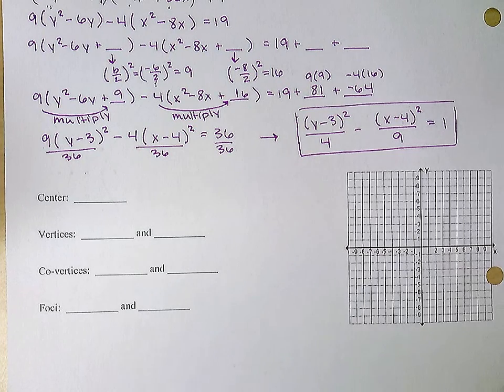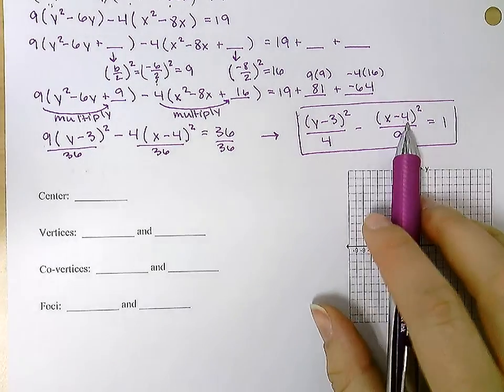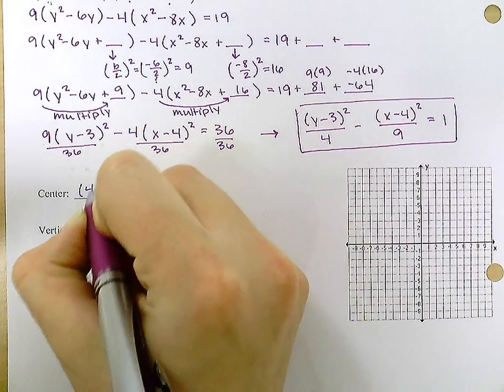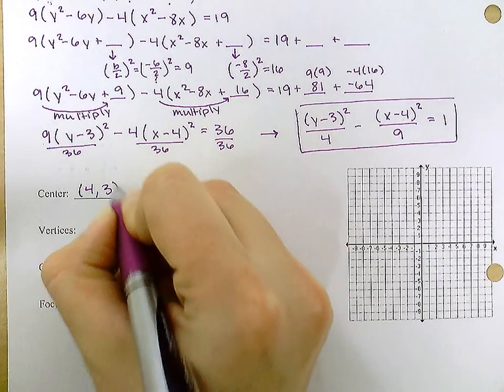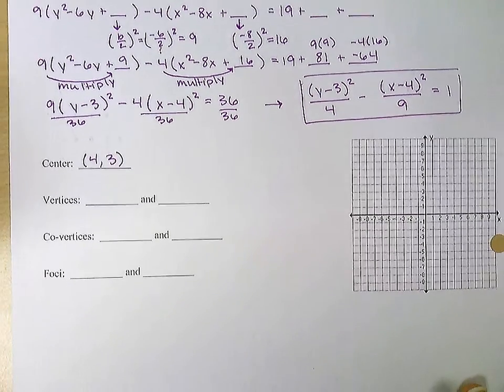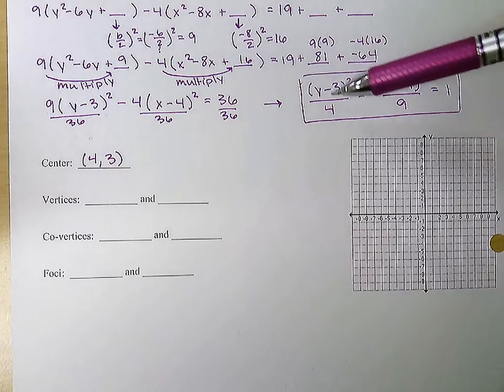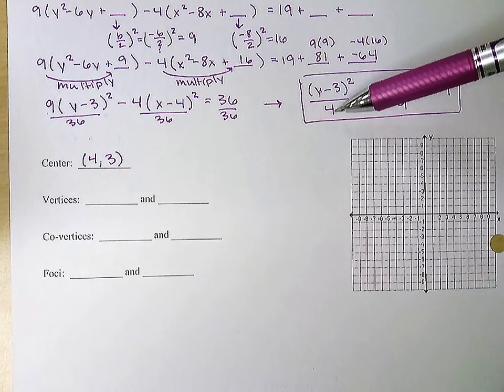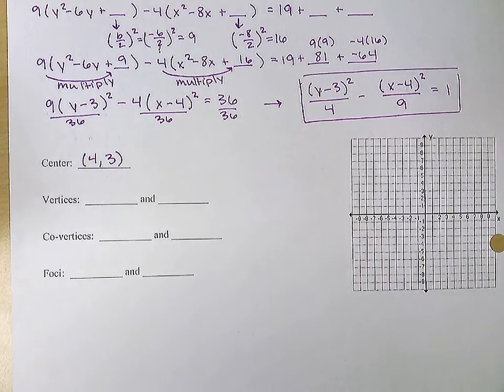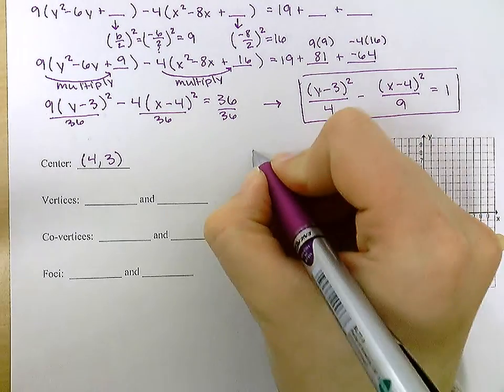Our center is at (h, k), and again, h is always with x. So h will be 4, and k will be 3. Since y is over your a squared value, this is a vertical hyperbola.